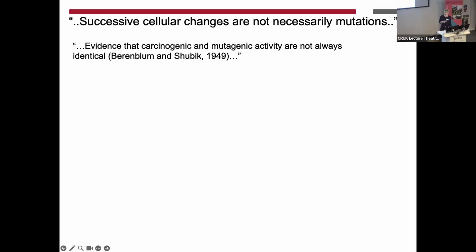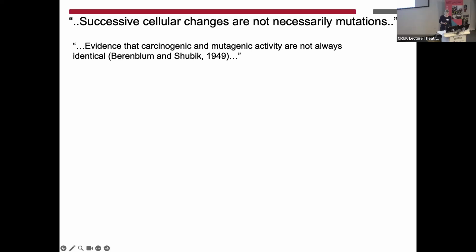And I think we are seeing, with fantastic data coming really from Cambridge and elsewhere, that what we assumed was a direct effect of carcinogens causing mutations is not always being borne out as clearly as we'd thought.